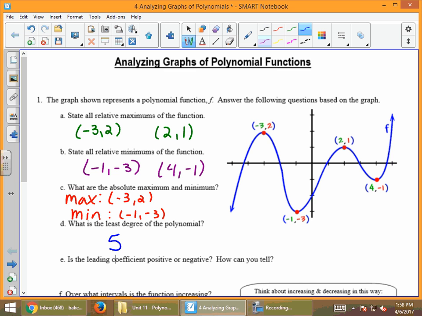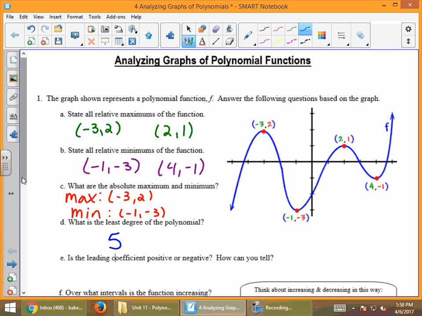For E, it says, is the leading coefficient positive or negative? How can you tell? Think about the arrows. How are the arrows pointing? What is it? Yeah, it's negative.